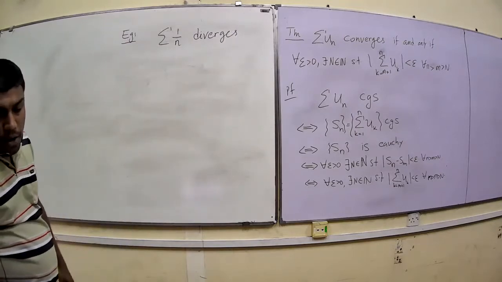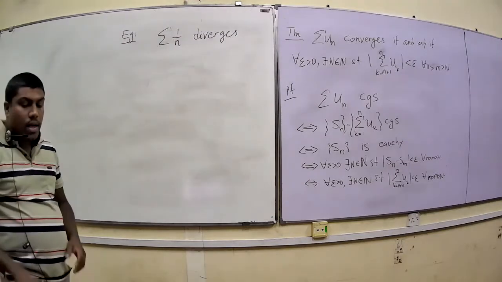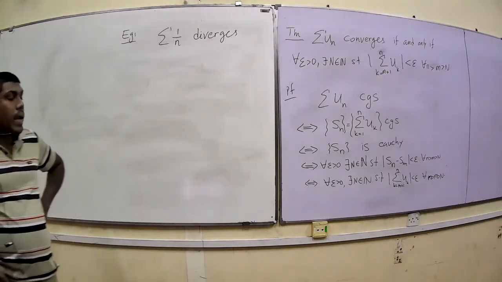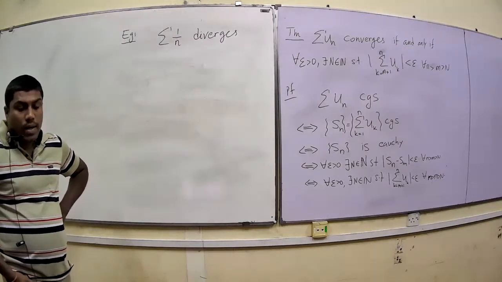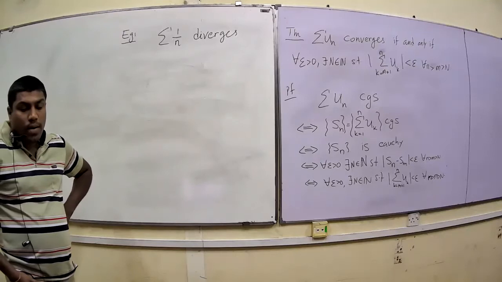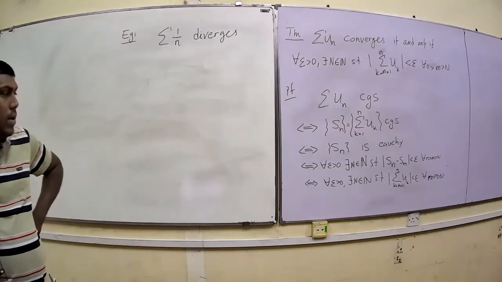Okay, so now what I'm going to do is show that the summation of 1 upon n is divergent. So 1, 1 upon 2, 1 upon 3, and so on is a divergent series.